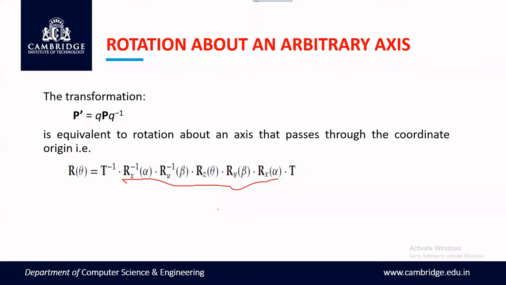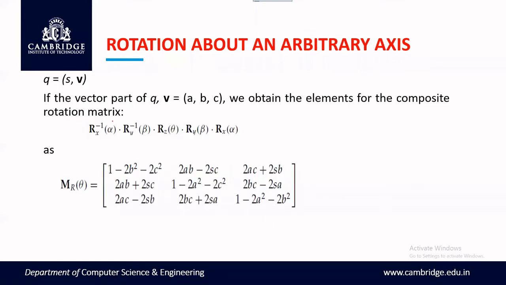Now, instead of this entire thing, we have this to be calculated. The rotation part, the transformation matrix, can be written as MR theta. In quaternion form, it can be written with entries like 1 minus 2b square. Now, what is ABC?